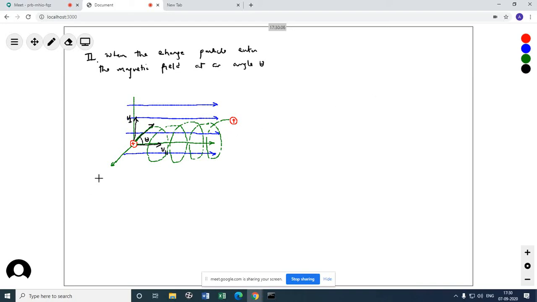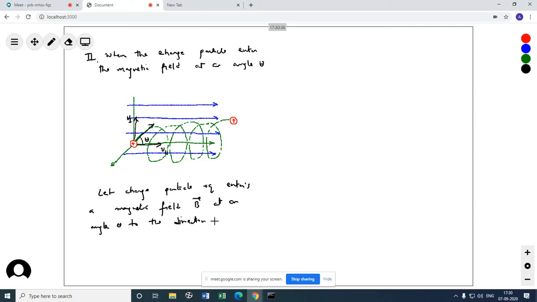So we can say that let a charged particle plus Q enter a magnetic field B at an angle theta to the direction of the B vector, with the velocity V vector.